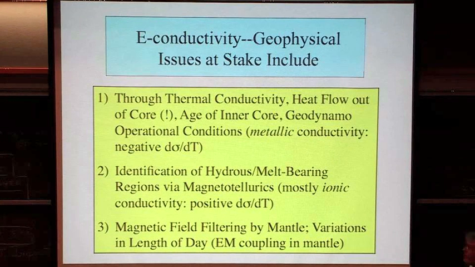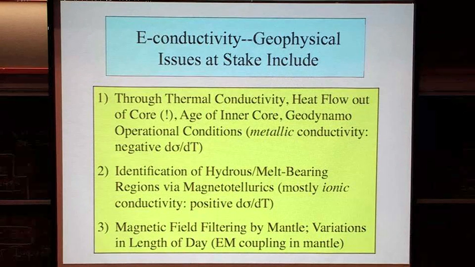It's also used to identify hydrous and melt-bearing regions via magnetotellurics. That's mostly due to ionic conductivity, which typically has an increase in electrical conductivity with temperature, because ions get more mobile at high temperatures. And lastly, the electrical conductivity is very important for magnetic field filtering by the mantle. If the mantle were perfectly insulating, we would have a beautiful window into the core surface.